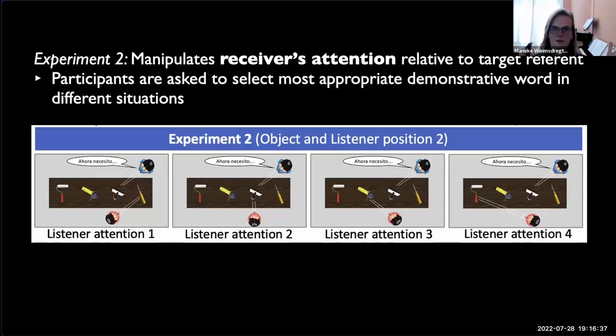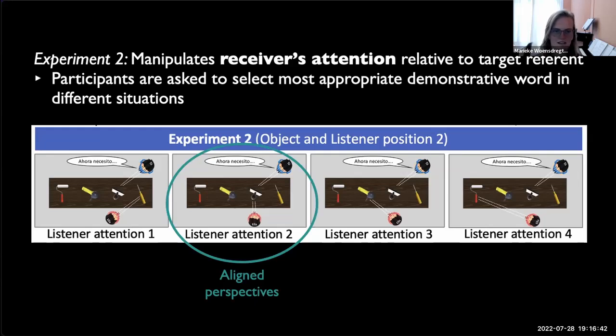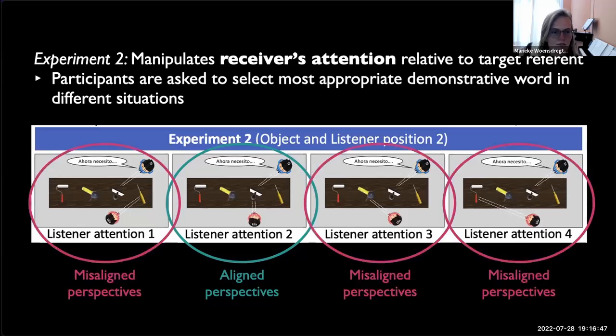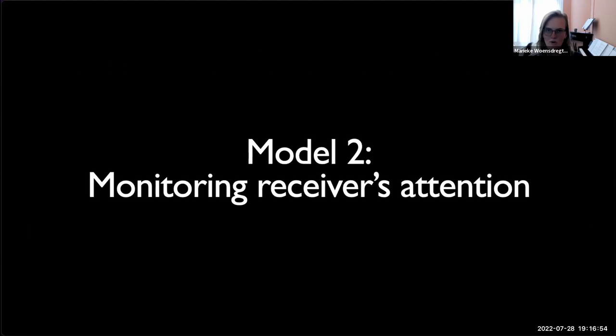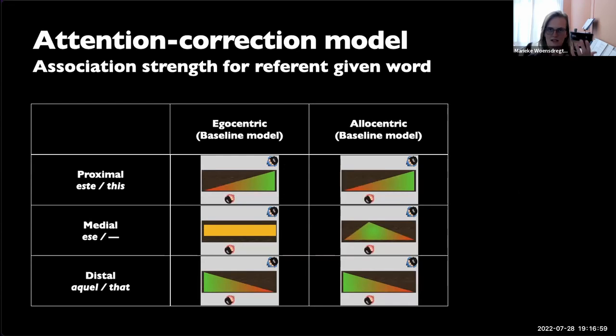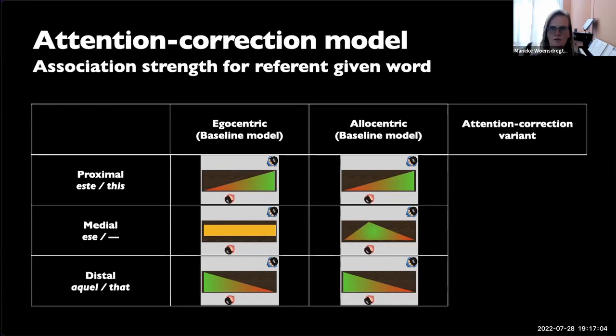So here you again see 4 different trials from the experiment next to each other. Here you see an example of a trial where the perspectives are aligned between speaker and listener. And here you see other trials where the perspectives are misaligned. Now, in the model that we used for experiment 2, we used the same baseline models for the egocentric and the allocentric version, but we built an attention correction variant on top of each of them.